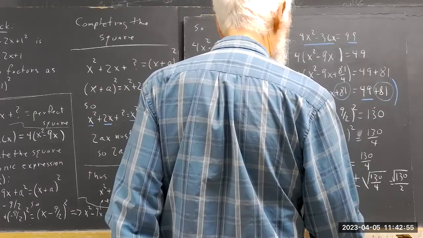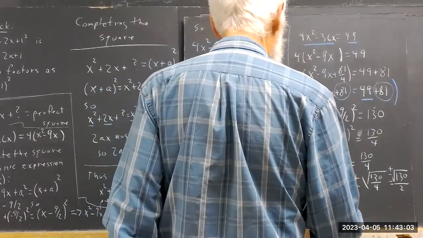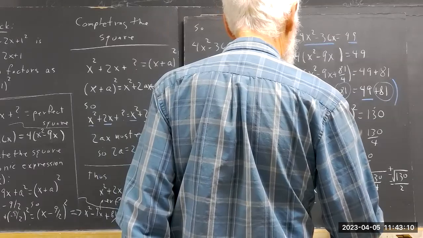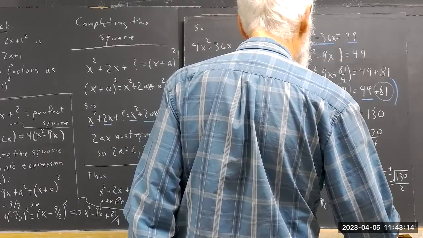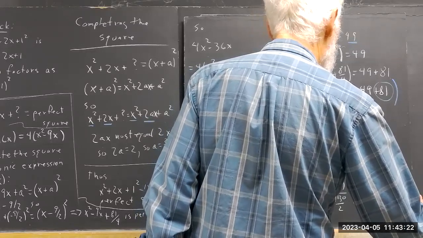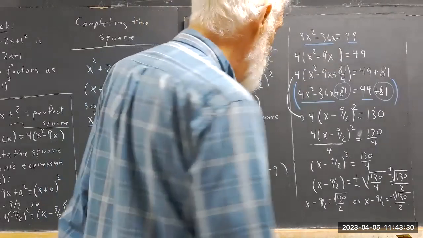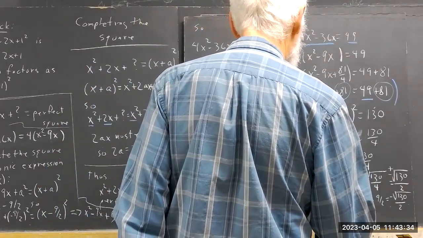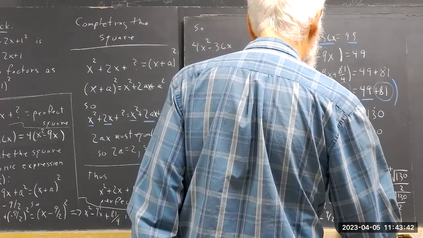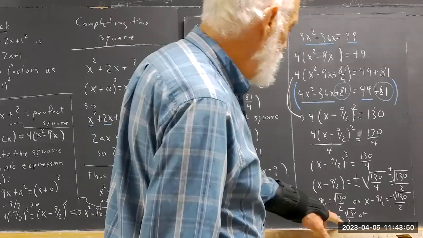Running out of room. X minus 9/2 is equal to the square root of 130/2, plus or minus, so that x equals 9/2 plus the square root of 130/2. We add 9/2 to both sides.